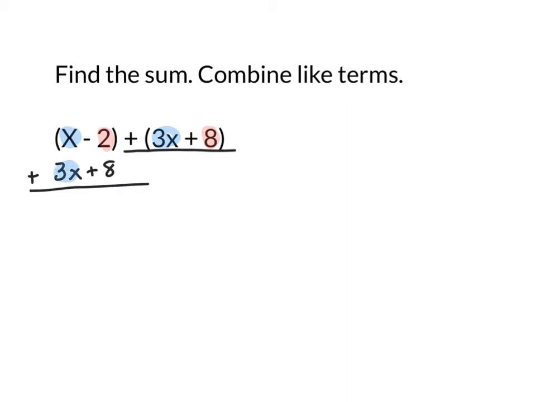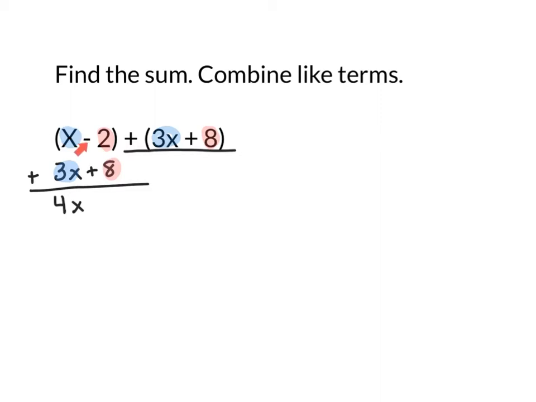So see how we stacked up the x and the 3x? We did the same thing with those numbers that are like terms. And now we can add. So we're looking at x, that's a positive x, plus we're adding 3 more x's. So altogether our sum is 4x.